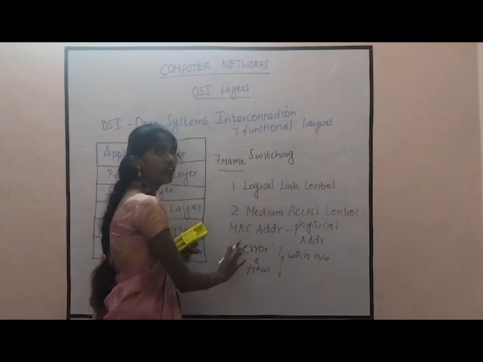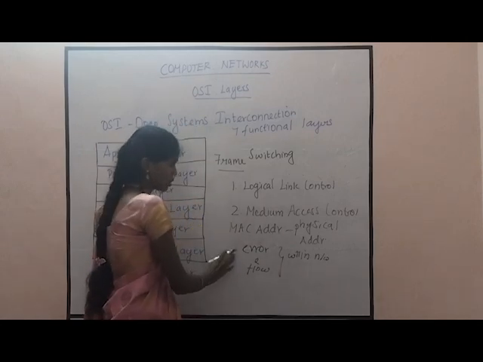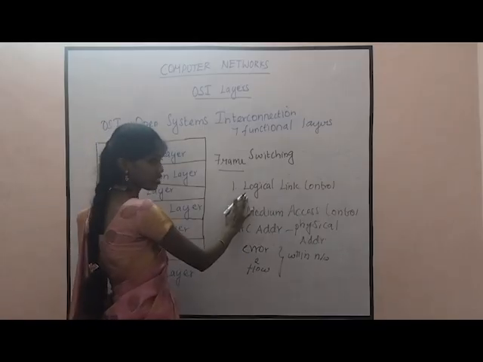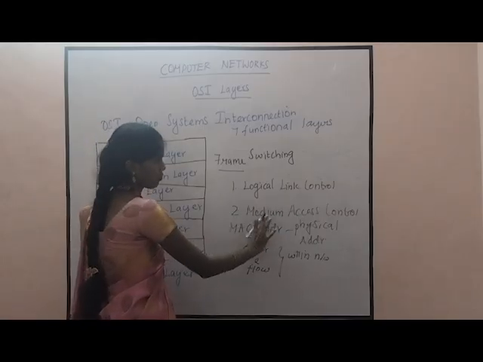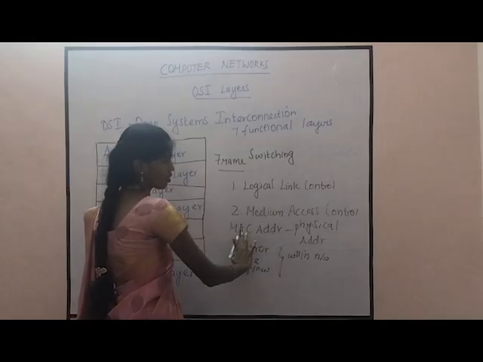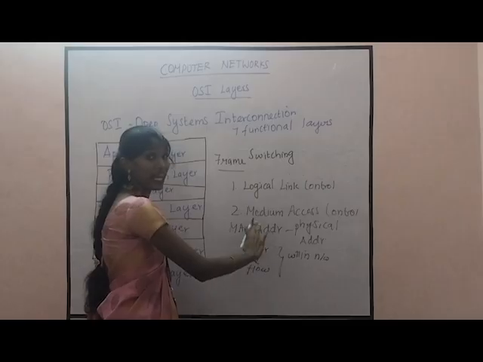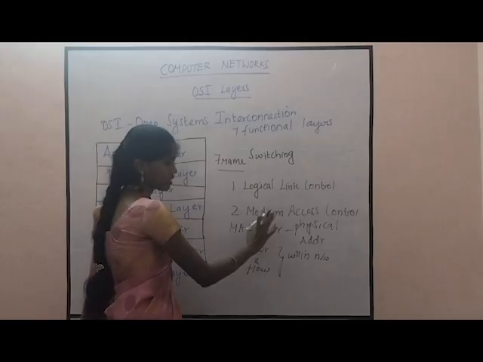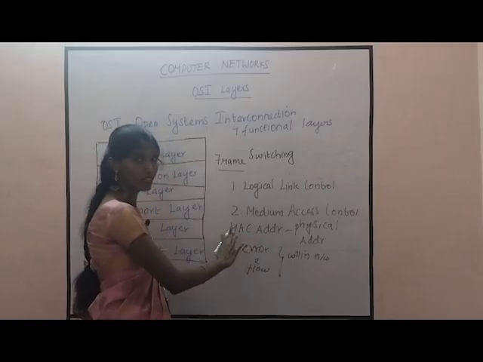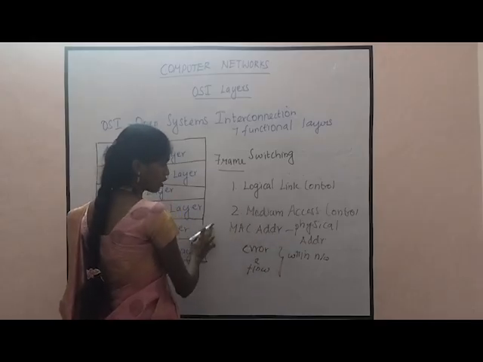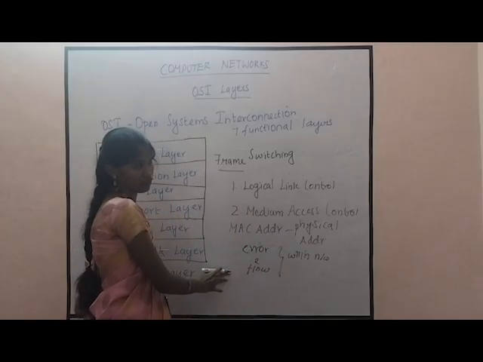Extra error and flow control will also be done by this data link layer, mainly by the logical link control. So medium access control makes use of the MAC address, and it helps in accessing the medium in such a way that there is no collision or congestion. And here the links will be controlled through error and flow control.